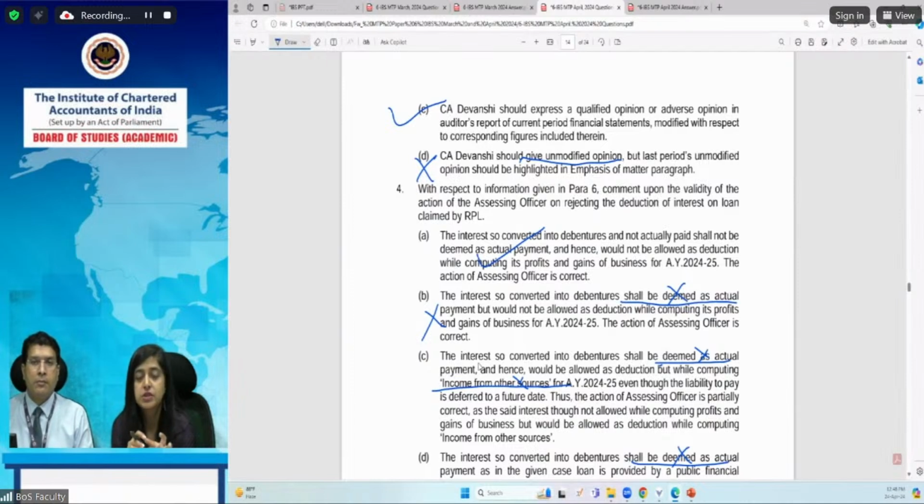Don't do that thing where you see option A, it seems right to you, and you ignore B, C and D. You have to take the most appropriate answer. It may happen that the first answer is right in your point of view and you don't read another option that is more right. So it is better to read all four options and then choose the correct option. In this case, A is the correct option.